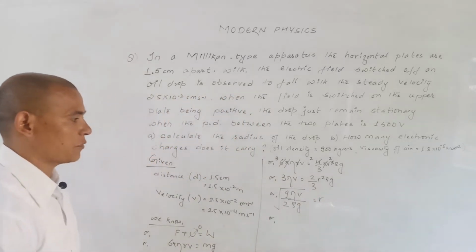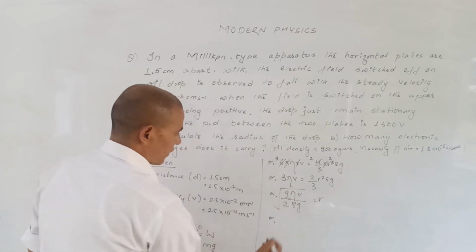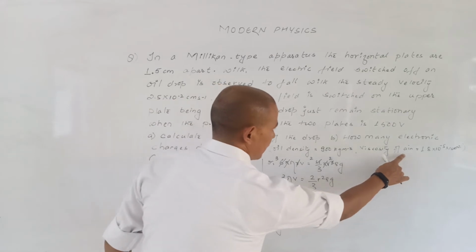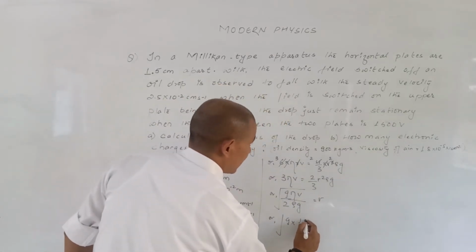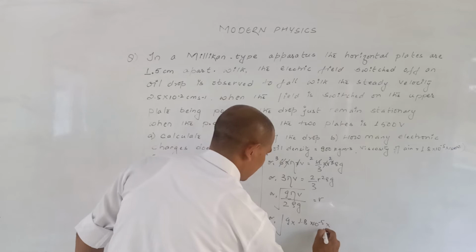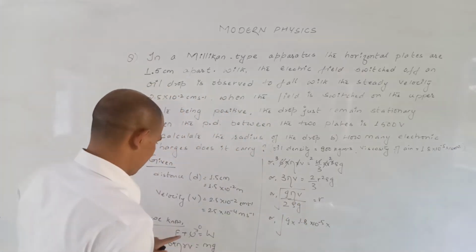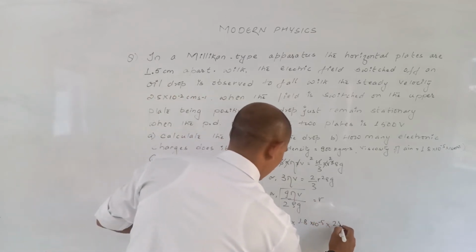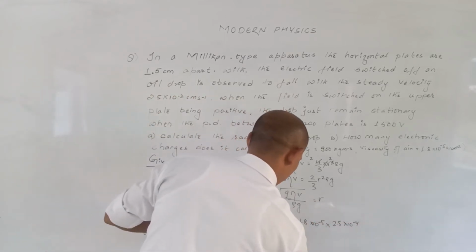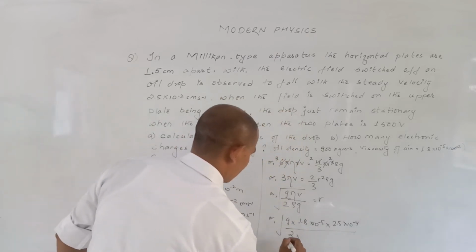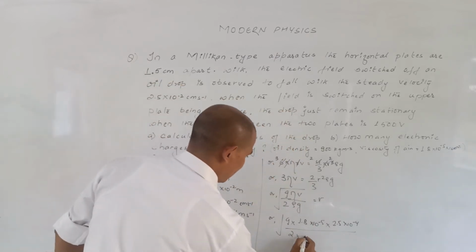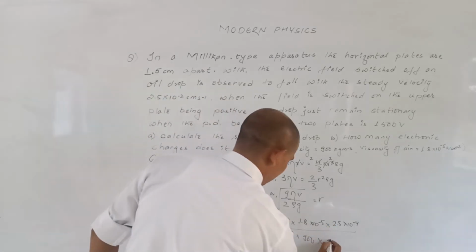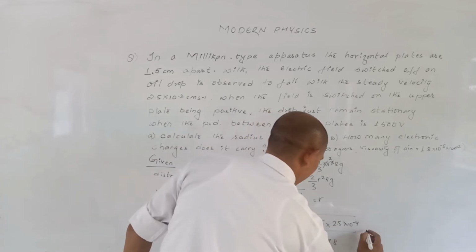Now if we substitute all the values: 9 into the coefficient of viscosity, which is given here, 1.8 into 10 to the power minus 5, into the velocity of the oil drop, 2.5 into 10 to the power minus 4, divided by 2, the density of oil, which is given as 900 kg per meter cube, and g, the acceleration due to gravity, 9.8.